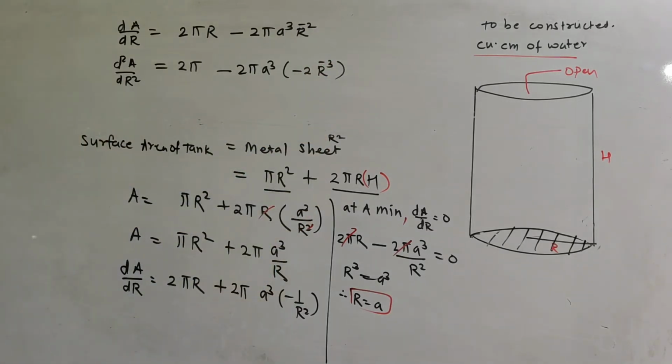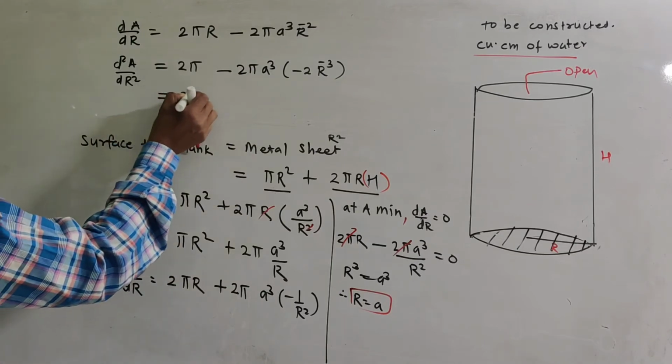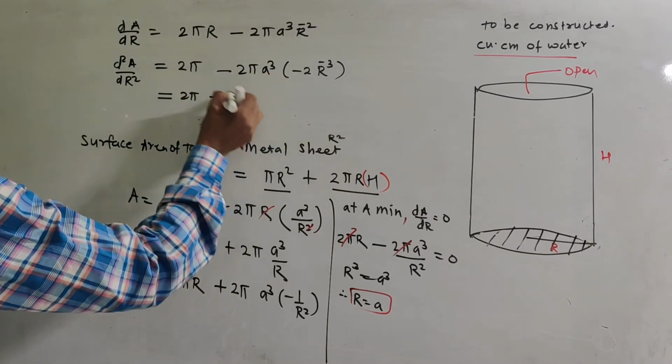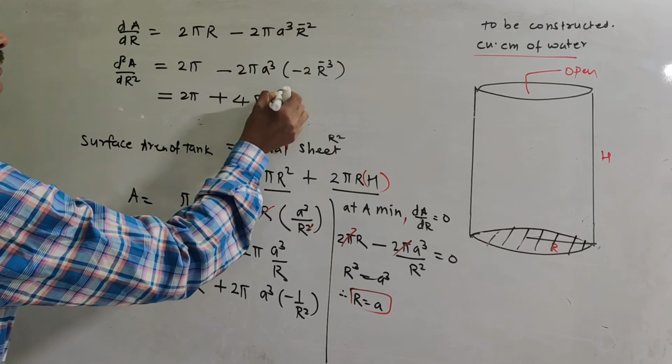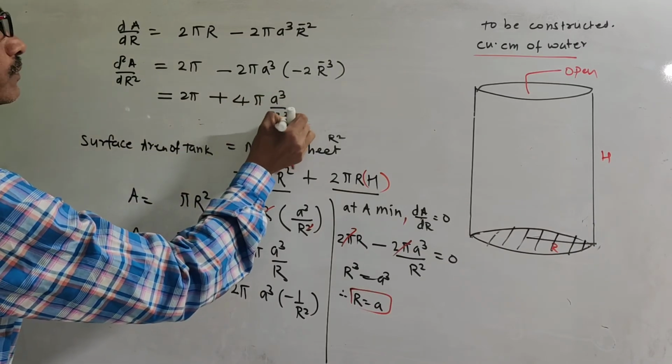So it is 2 pi plus 4 pi a cube upon r cube.